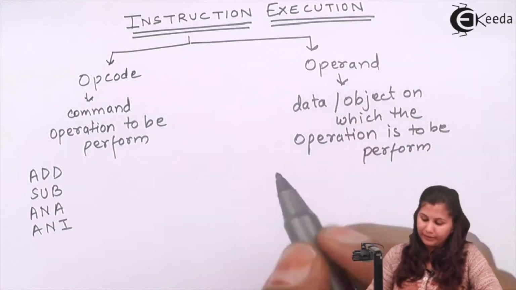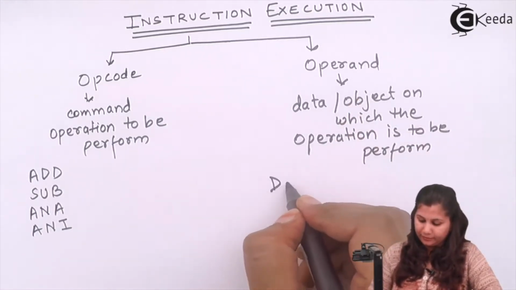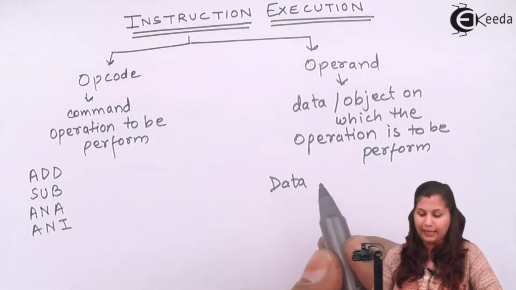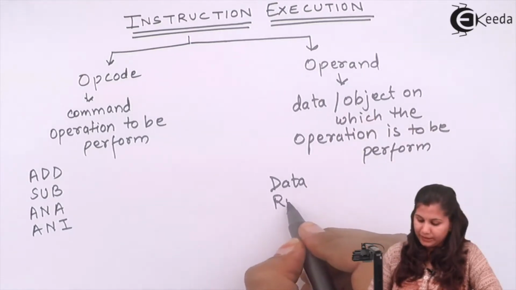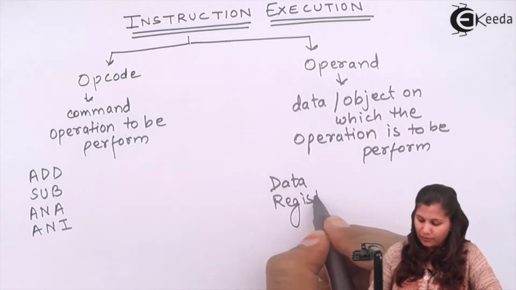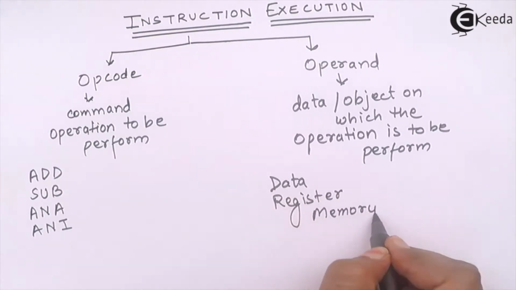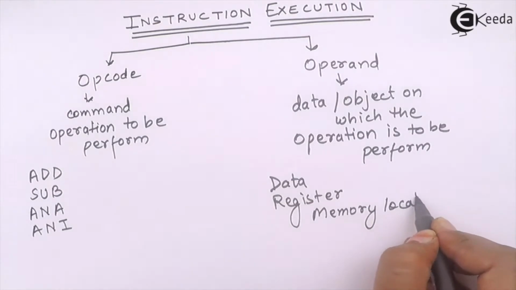This operand can be either data, that is a number, 8-bit data or 16-bit data, and it can be either a register or a memory location.